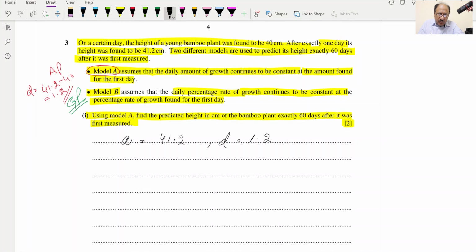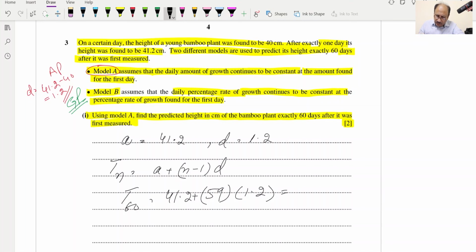This is the D value, so we can write after 60 days this will be A plus n minus 1 into D. So T60 will be equal to A, which is 41.2, plus n is 60, 60 minus 1 will be 59, into D value 1.2.